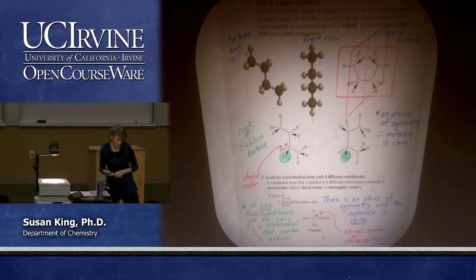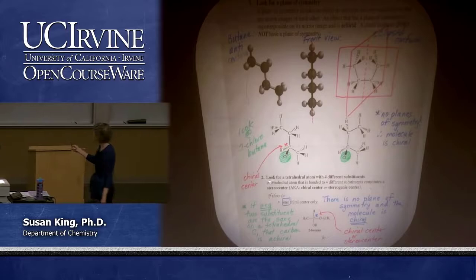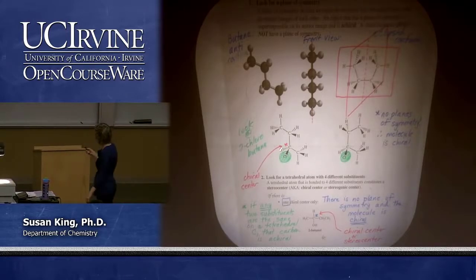All right, so going back to this compound right here, if this hydrogen was also changed to a chlorine, we no longer have a chiral center and the molecule's achiral.